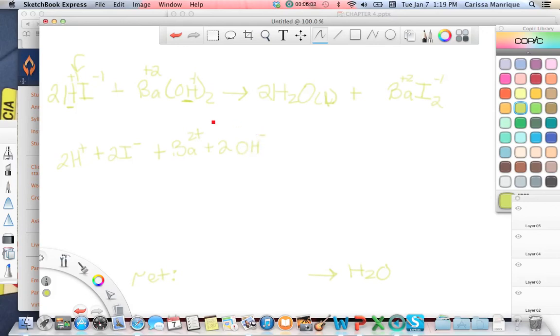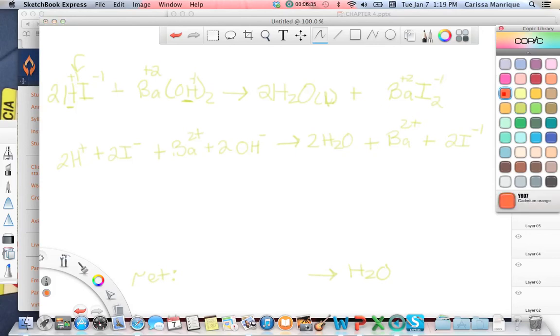Water is going to stay as water, so 2 H2O plus 1 barium with a 2+ charge plus 2 iodines with a -1 charge. Again, 2 because it says there are 2 of them, each with a -1 charge. Now let's cancel everything out.